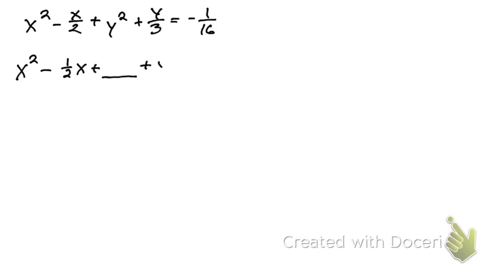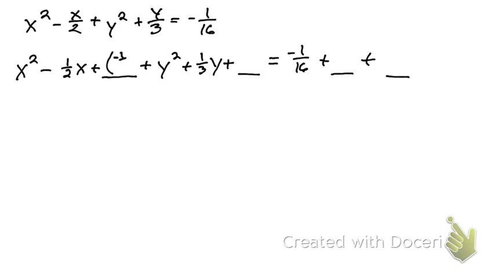Then we'll have plus y squared plus 1 over 3 times y plus something is going to equal negative 1 over 16 plus that something plus that other something. Well, what goes in those something blanks is our b divided by 2 squared. So for our x's, we're going to have a negative 1/2 over 2 squared.